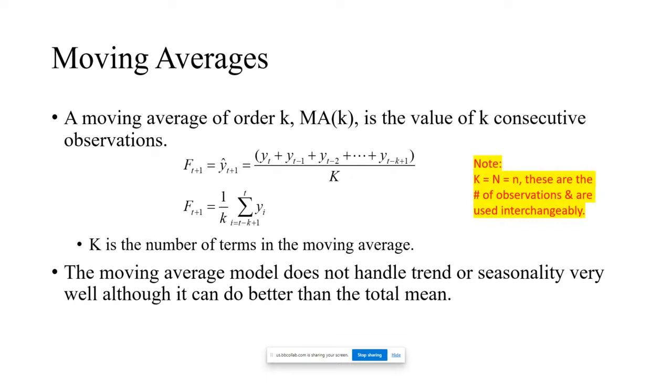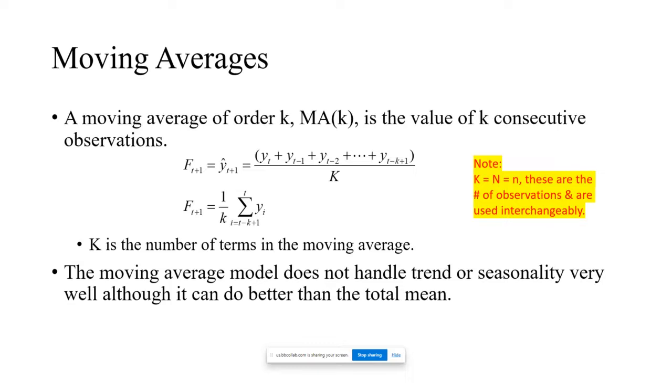A moving average of order k, moving average k, is the value of k consecutive observations. Now, let me point out that k is equal to capital N, which is equal to lowercase n. These are the numbers of observations, and k, n, capital N, and little n are used interchangeably.